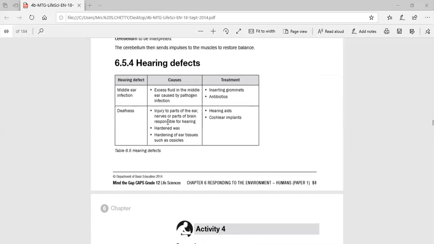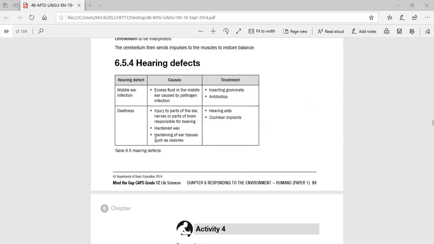Now, deafness can be caused by many factors: injury to parts of the ear, like your tympanic membrane, or the auditory nerve, or even the part of the brain responsible for capturing the sensation of hearing. Hardened wax in the ears will prevent the sound waves from traveling through efficiently, and then your tympanic membrane can't vibrate, and you'd find that your organ of Corti will not be stimulated, leading to deafness.